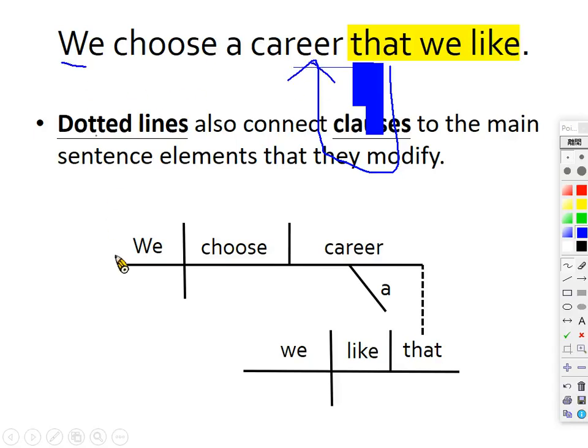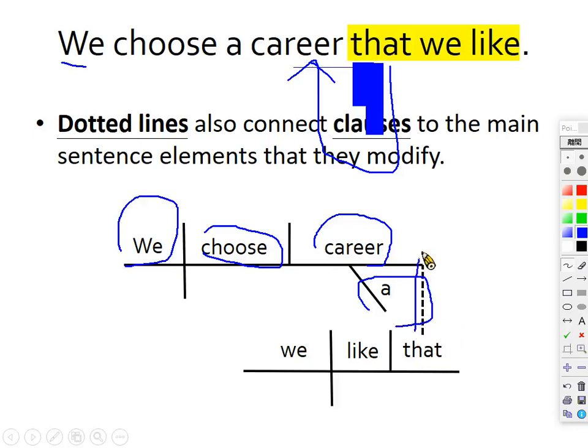So we have "a" here, choose career. How many careers? A career, right? But now we use a dotted line to connect "that." And that is the clause that we like. In its basic form it is "we like that."